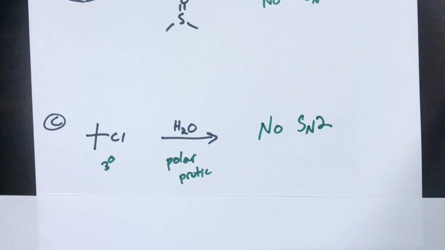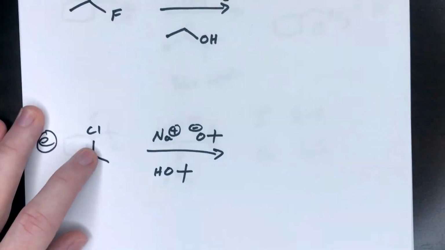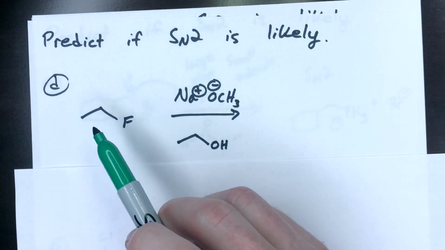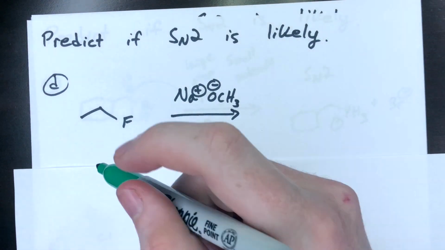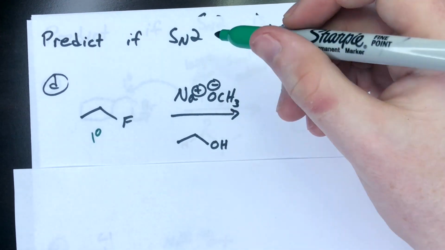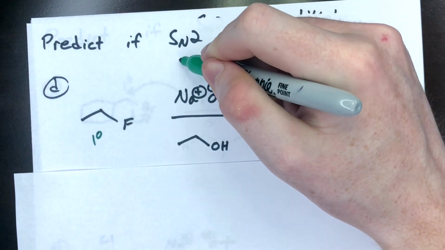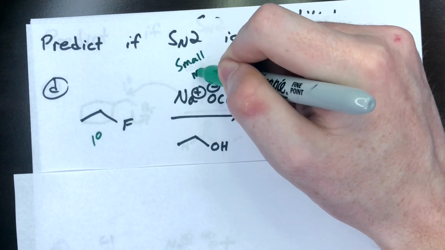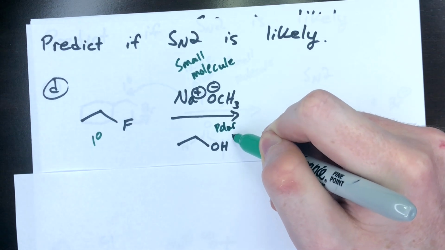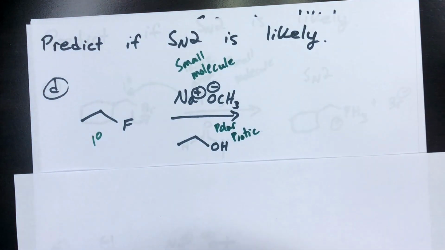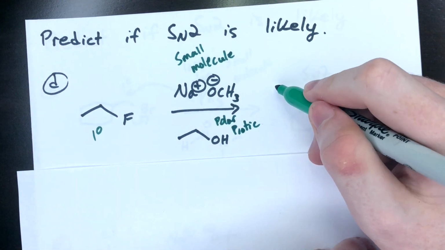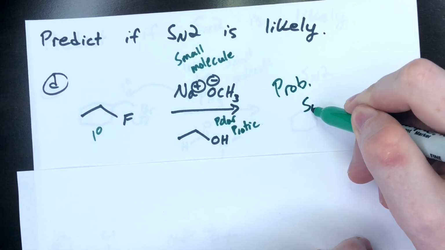Okay, here we have another set of questions. So here we are asked about this primary electrophile. We have a primary electrophile bound to this fluorine, and we have sodium methoxide. So this is a small molecule and a small atom. A small molecule favors SN2, and this is a polar protic solvent. So if it's going to undergo a reaction, it's probably going to be SN2. But let me say this.